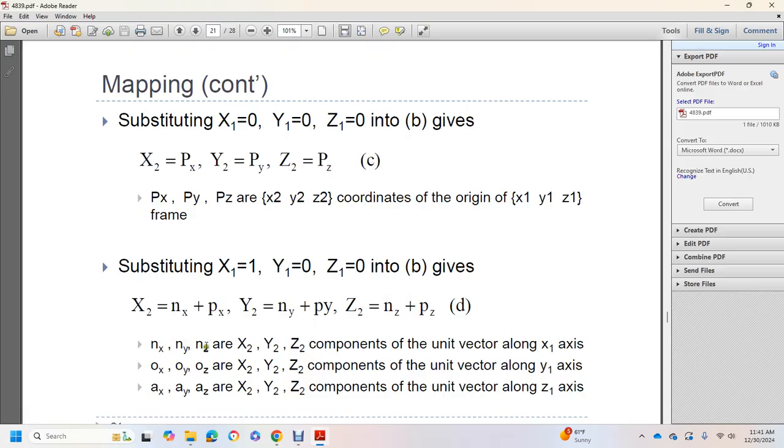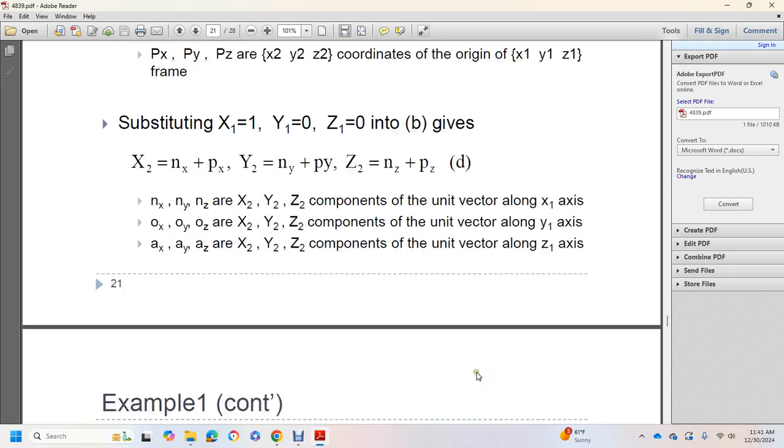NX, NY, NZ are the X2, Y2, Z2 components of the unit vector along the X1 axis. OX, OY, OZ are the X2, Y2, Z2 components of the unit vector along the Y1 axis. AX, AY, AZ are the X2, Y2, Z2 components of the unit vector along the Z1 axis.